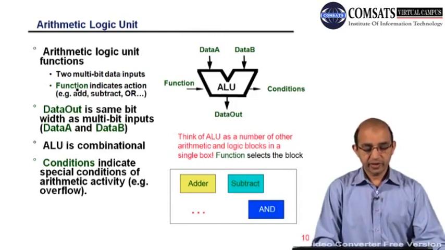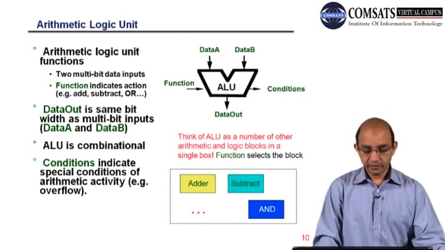For example, if we have to perform the addition of two numbers, the first number has to be loaded here, then the second has to be loaded here. The condition may be that those two numbers have to be loaded. And then we will send the instruction that now we have to add those two numbers and store the resultant in some register.